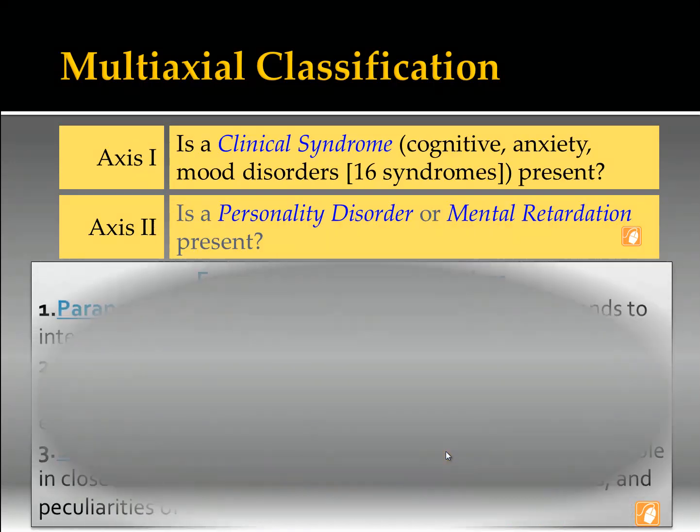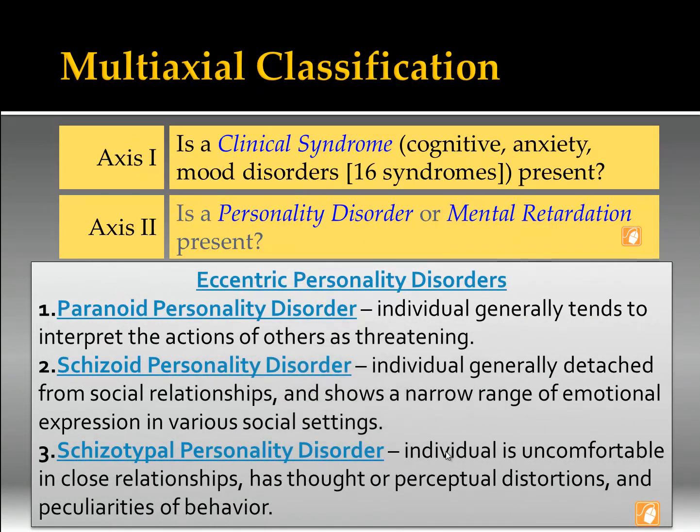And just to take a look at some of the personality disorders, we have what we refer to as the eccentric personality disorders. We have a paranoid personality disorder, where an individual generally tends to interpret the actions of others as threatening. They always feel people are watching them, people are looking at them, people are out to get them.